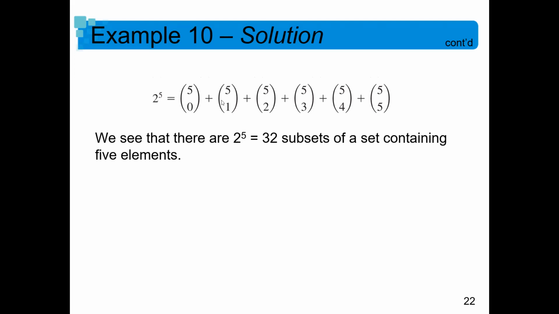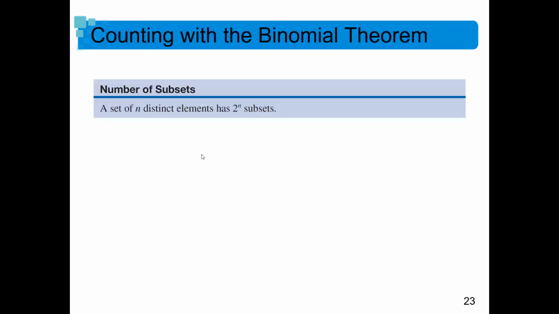So we don't have to solve all of these combinations. All we have to do is 2 raised to the 5, where 5 is the number of elements. Or if there are 6 elements, 2 raised to the 6. So a set of n distinct elements has 2 to the n subsets.